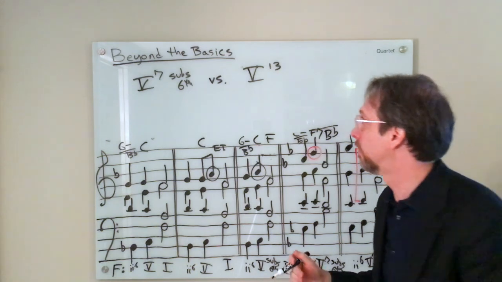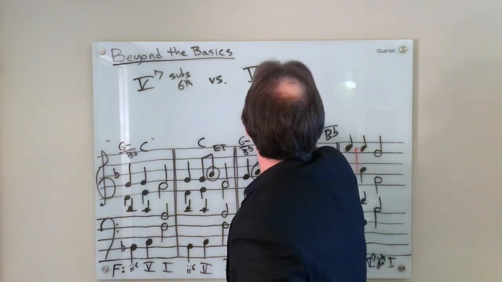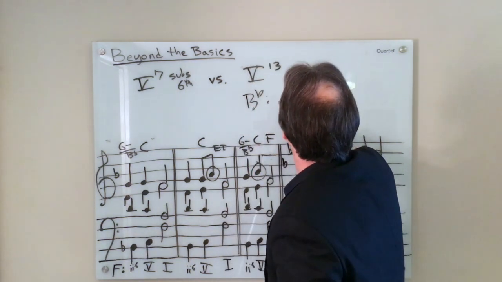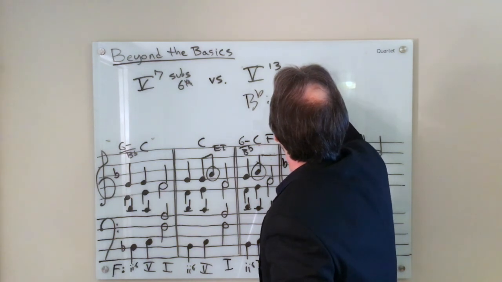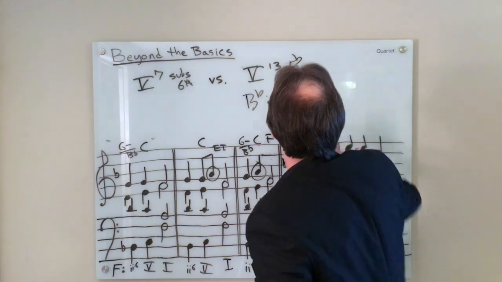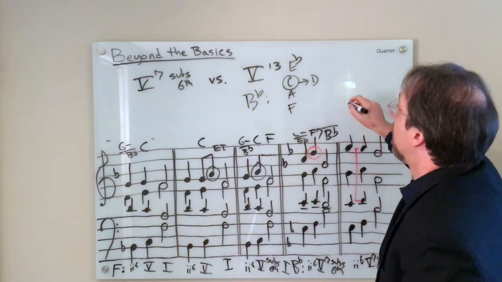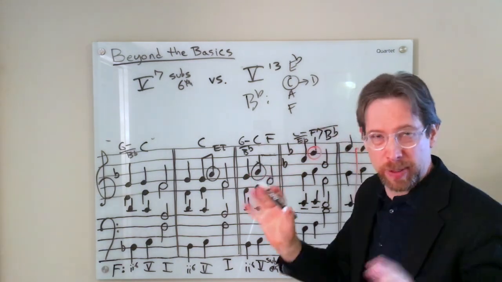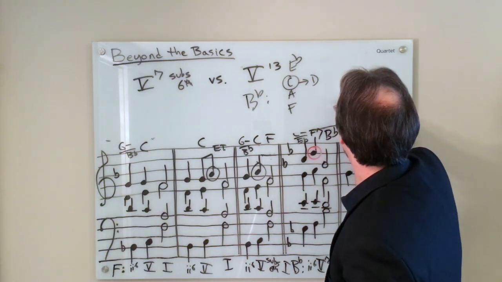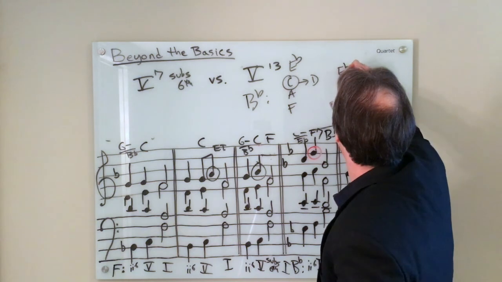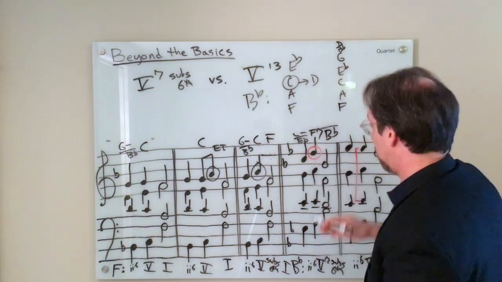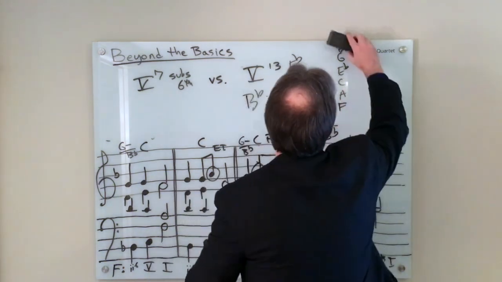Let's break down the debate, right? So if we keep in our key of B flat, a 5/7 sub 6 would be F, A. We are taking that C, we're moving it to a D, and then we have the E flat. A 13th chord, and this is a little bit premature, and I apologize because I know I haven't really talked about 13th chords, but you would say F, A, C, E flat, G, B flat, D. And let me rewrite that so it's a little bit easier to read.